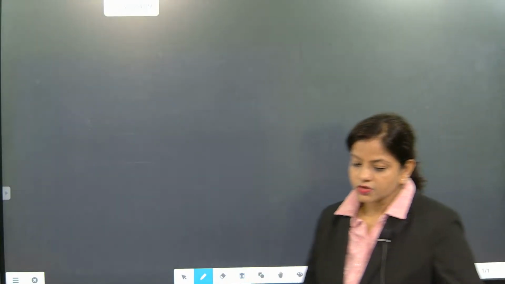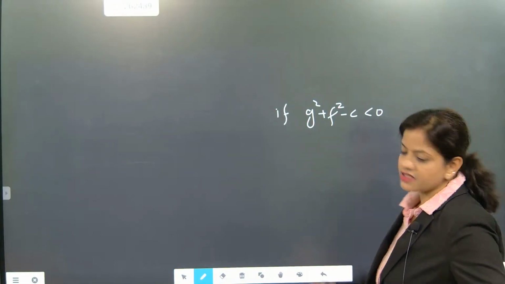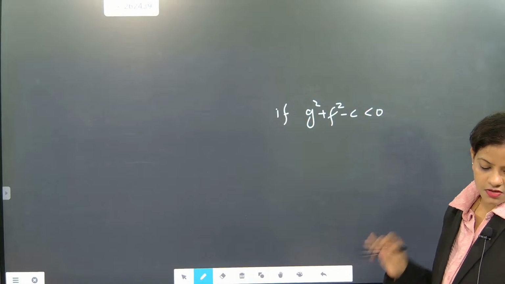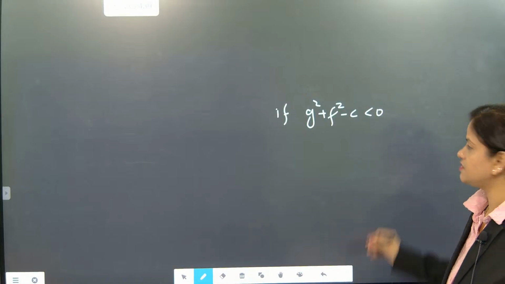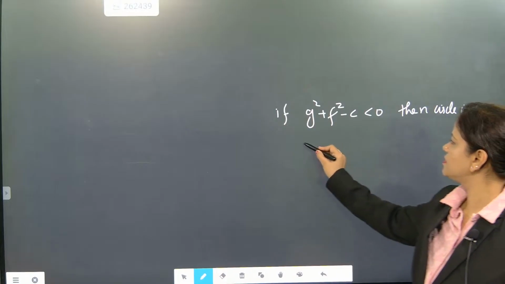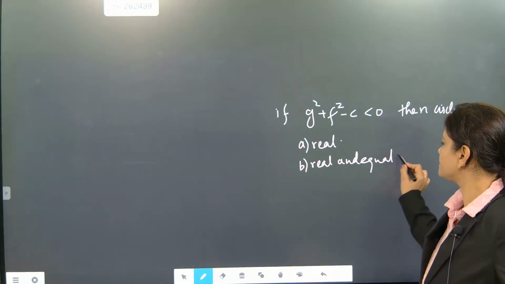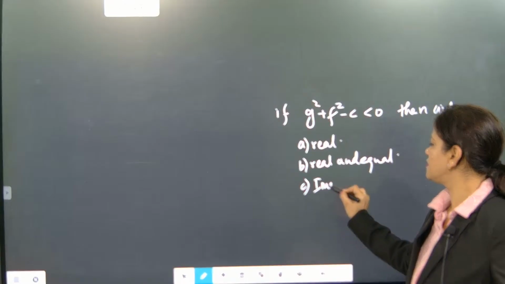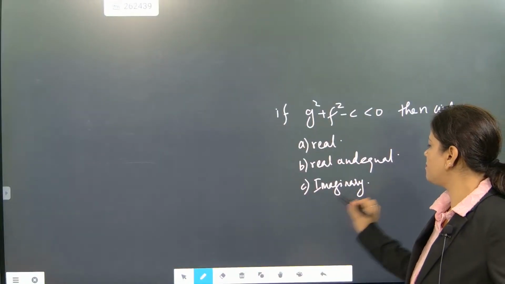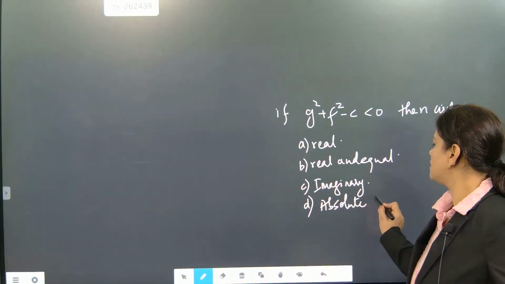If somebody will give you this question, let's see how you are going to handle it. If g square plus f square minus c is less than 0, then the circle is: real and equal, imaginary, or absolute.